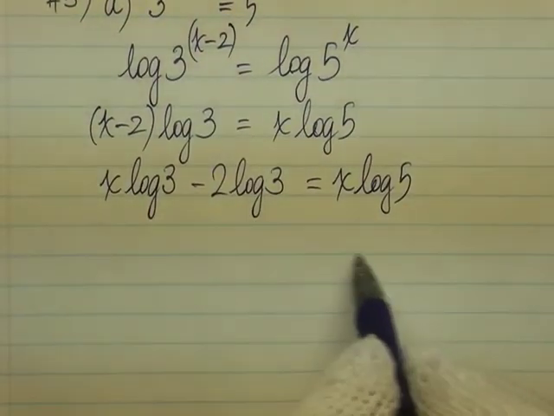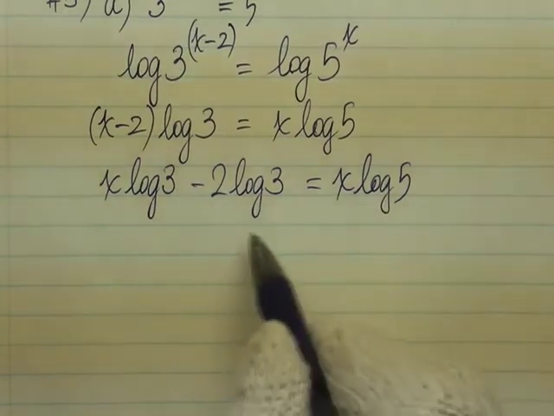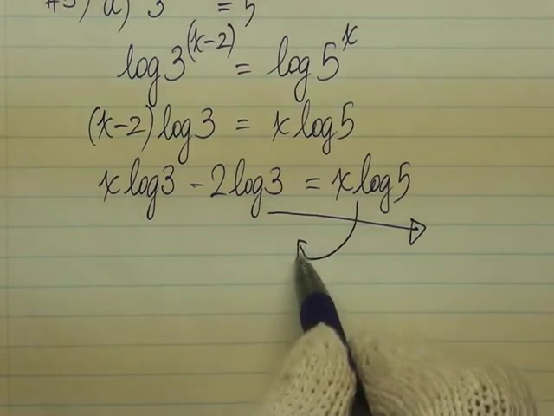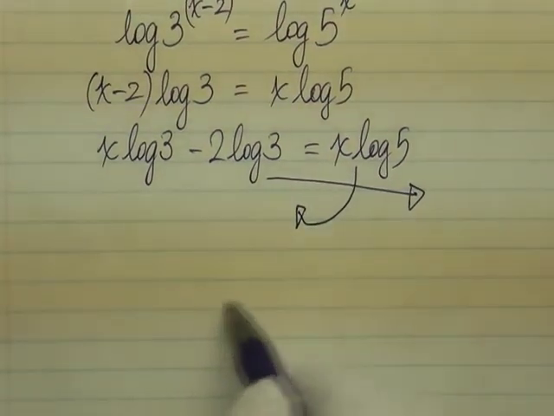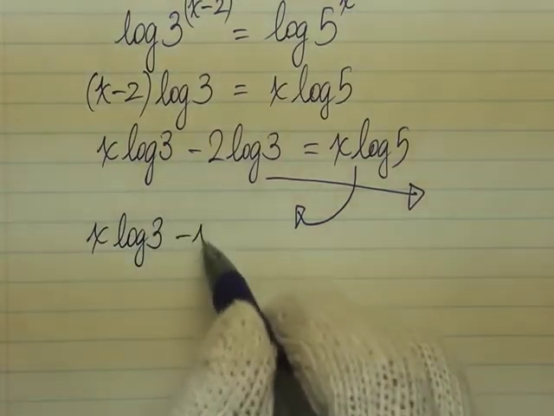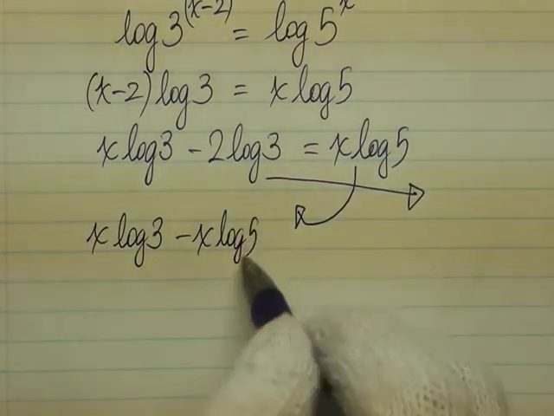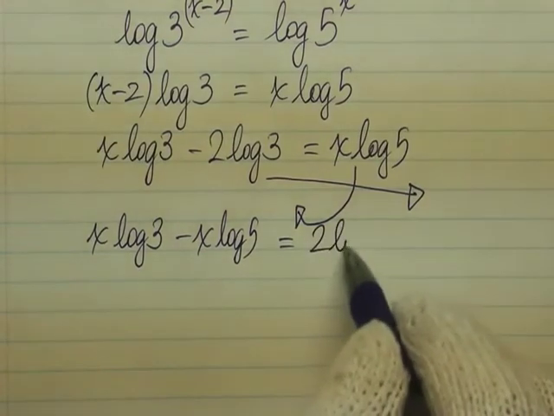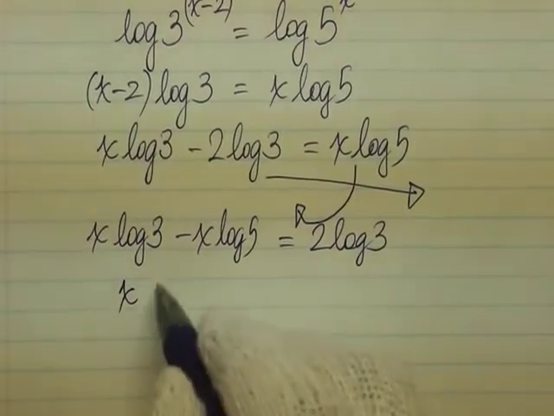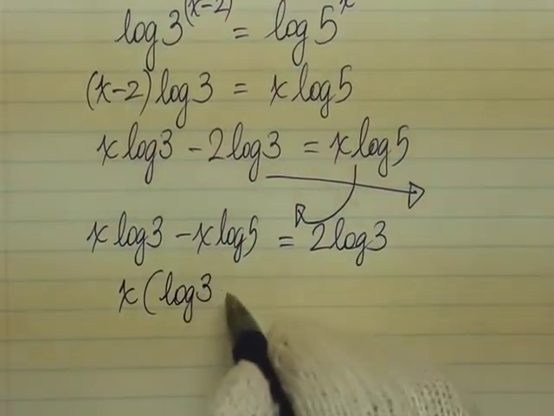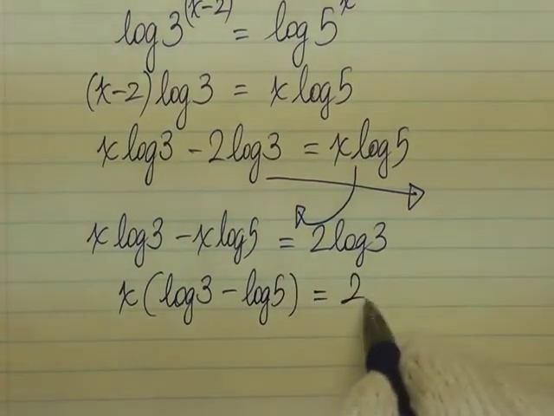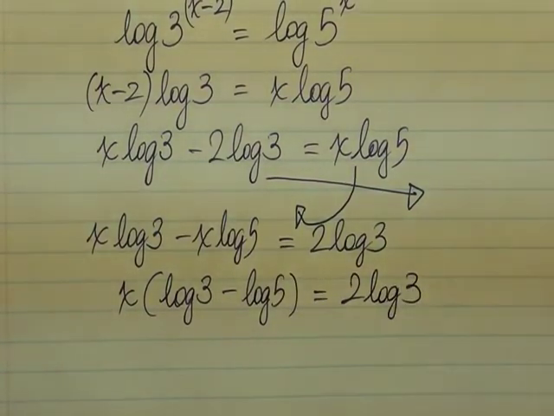I'm going to move this one to this side, this one to this side. That's going to give me x log 3 minus x log 5 equals 2 log 3. x times (log 3 minus log 5) equals 2 log 3.